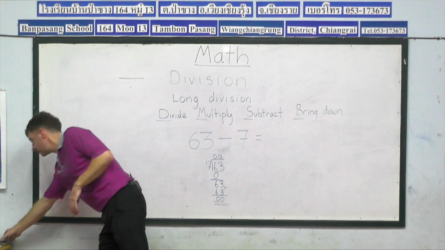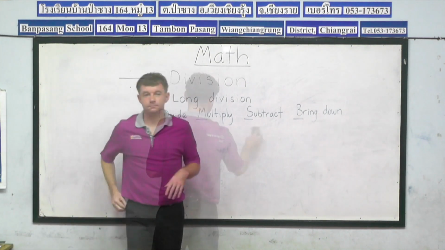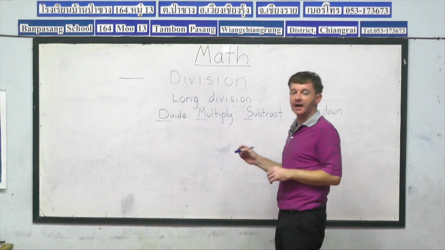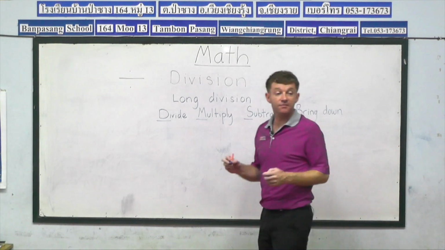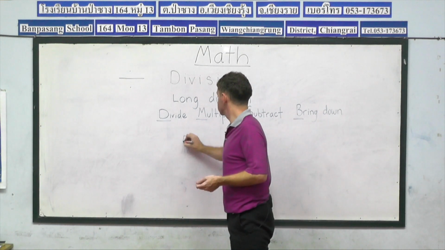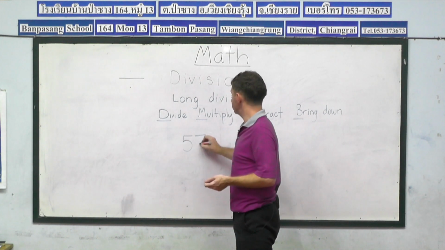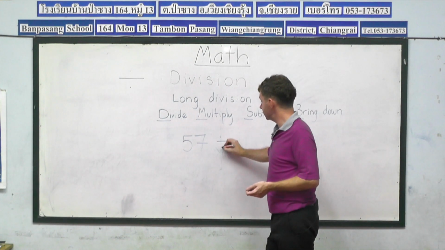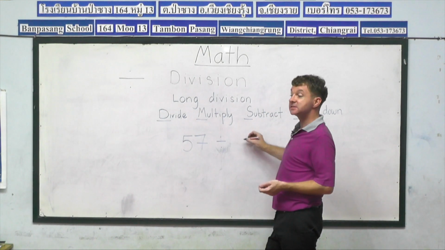But first of all, I need to clean the board. So let's see, what numbers can we use? Somebody give me 2 numbers, guys. 5. 5 and 7 equals 57. Okay. Divided by 6.